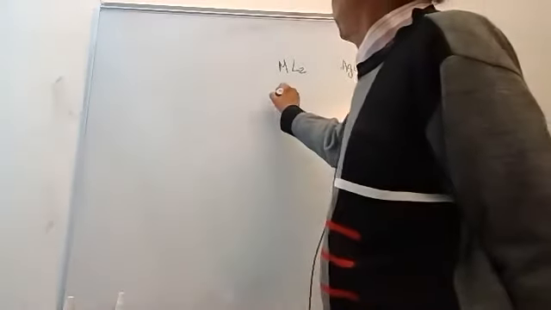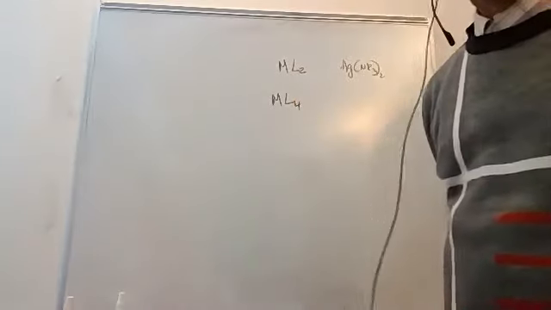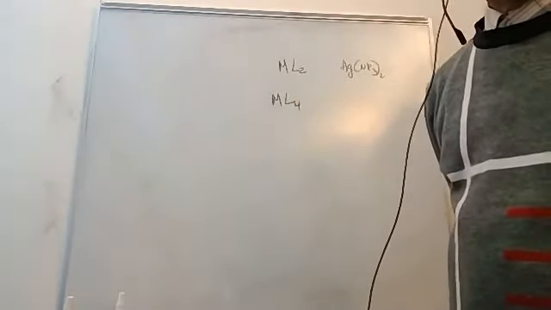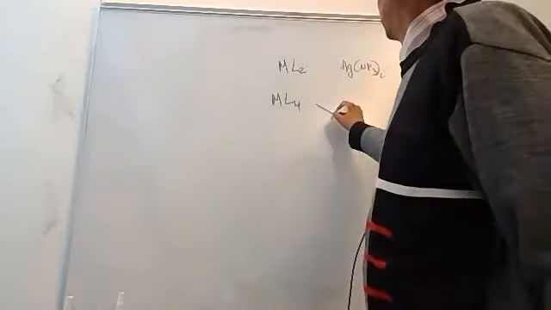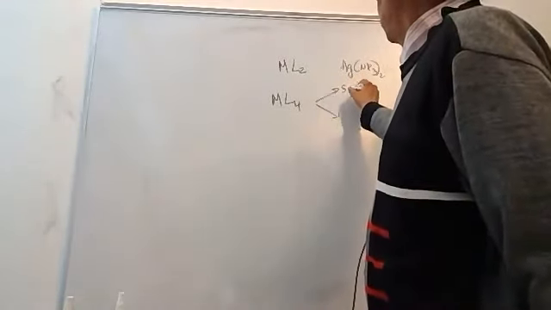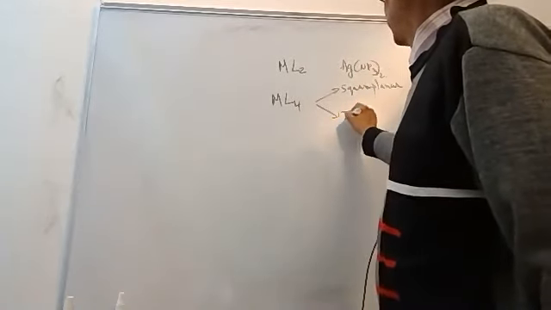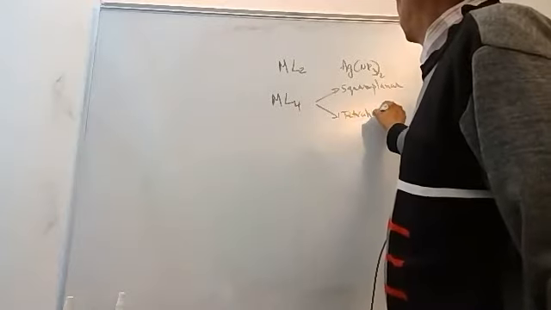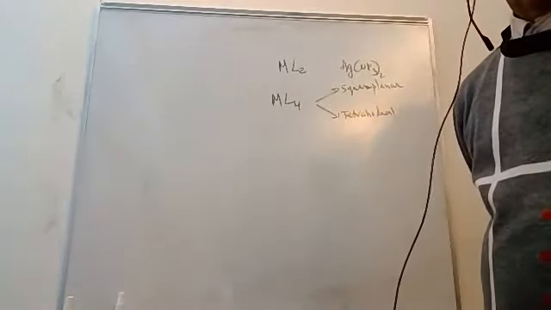The other most popular thing is metal with 4 ligands. Metals with 4 ligands can be 2 types. They can be square planar or they can be tetrahedral. Okay.